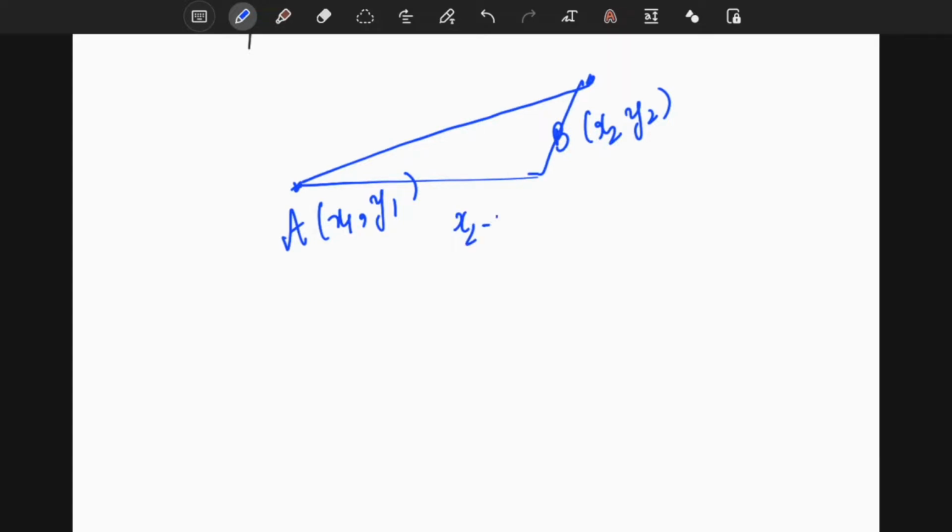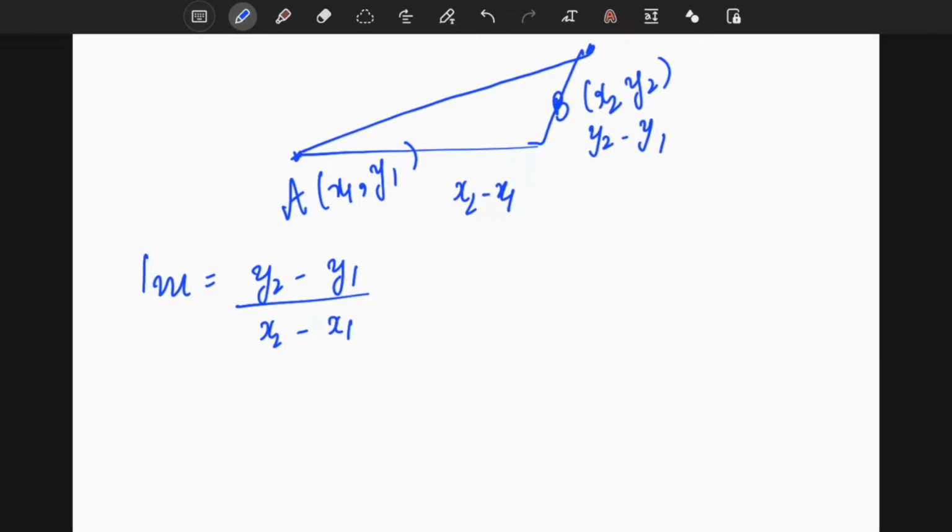This is x-axis, this is x2 minus x1, this is y2 minus y1, and our formula is y2 minus y1 over x2 minus x1.